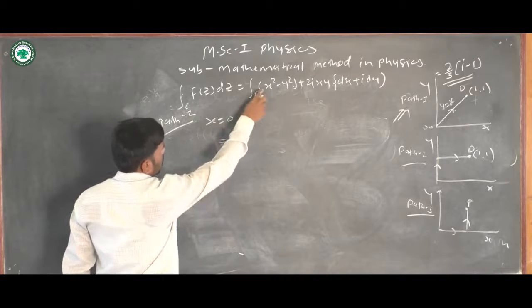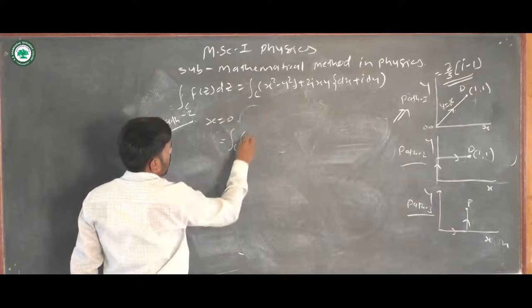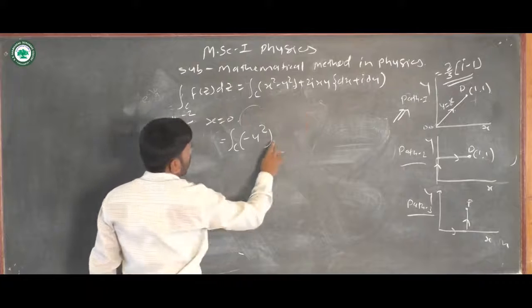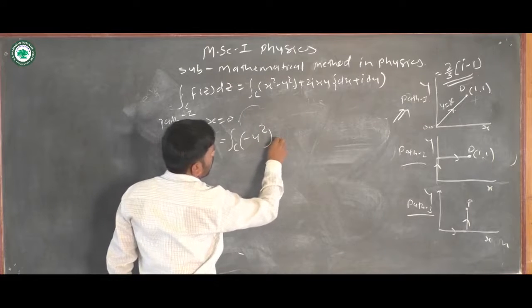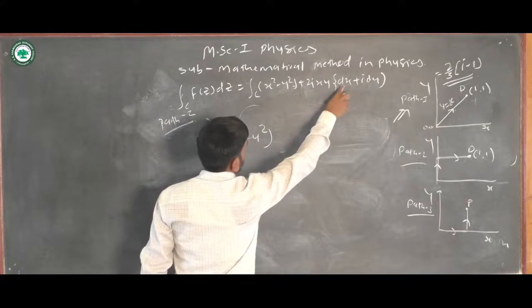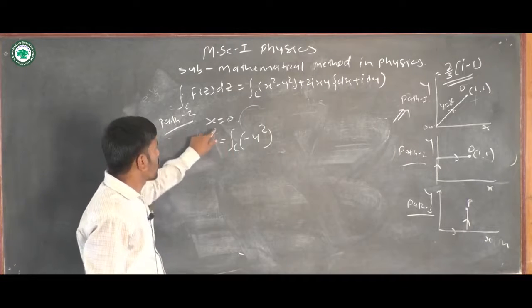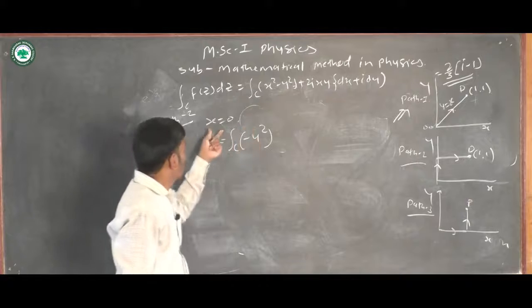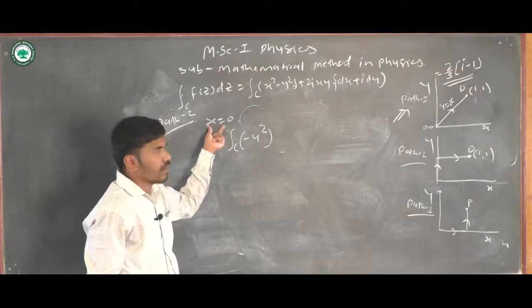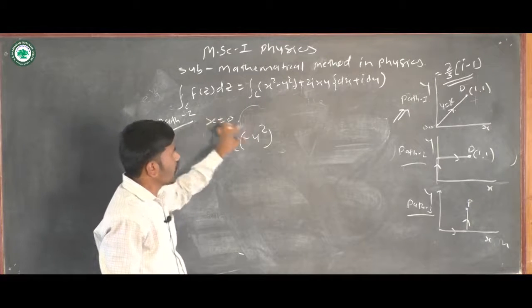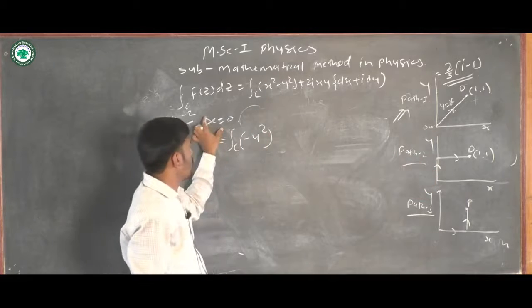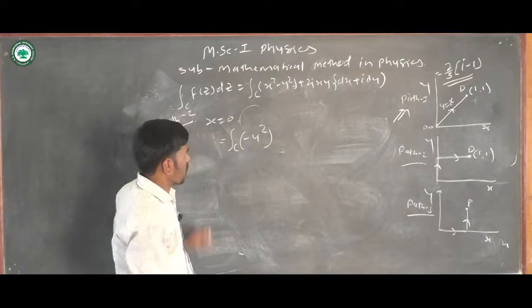Just put x equal to 0, so that is minus y square, and here this is also 0. This dx, the derivative of x, this is already 0, so if you take the derivative then it is 0. 0 means it is a constant. If we consider here the value of x is equal to 0, that's why this term is constant.